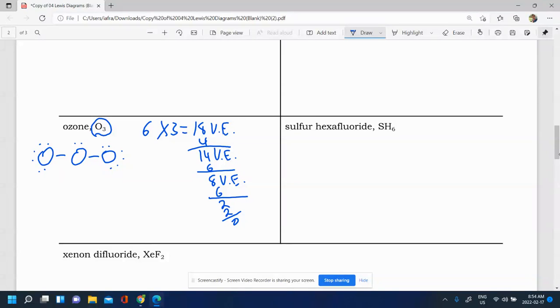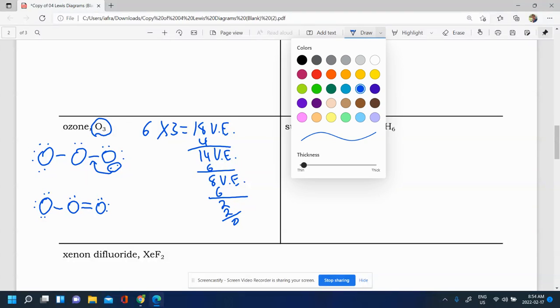Perhaps the oxygen on the right side can do that and put these electrons into a double bond. So we'll do that, 1, 2, 3, 4, 5, 6, like this over here. And now that oxygen's happy.